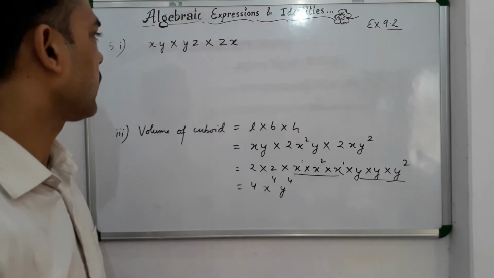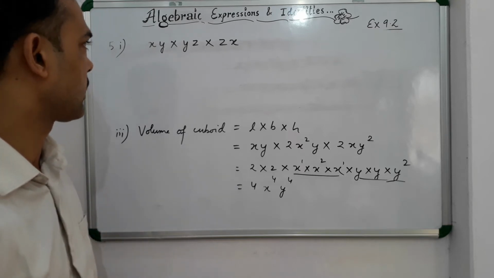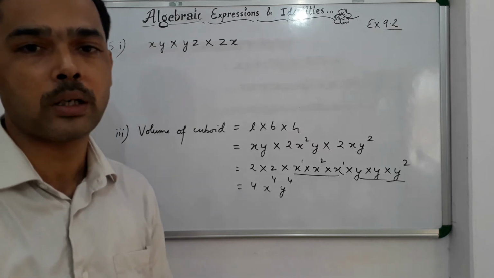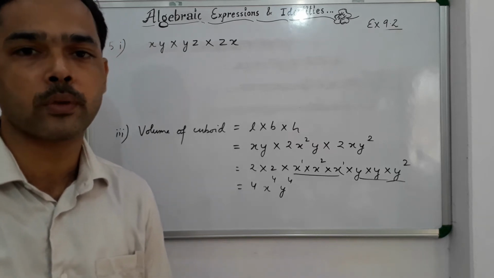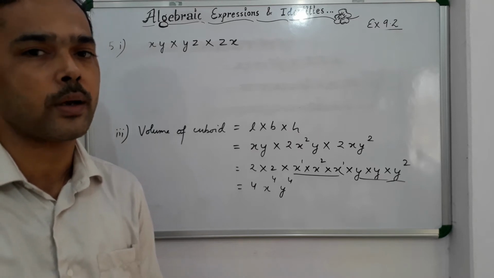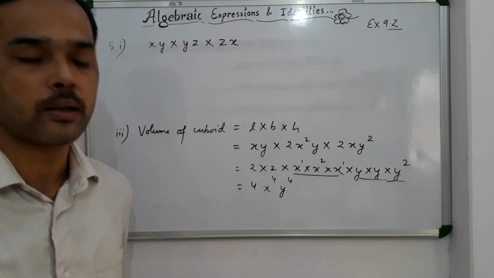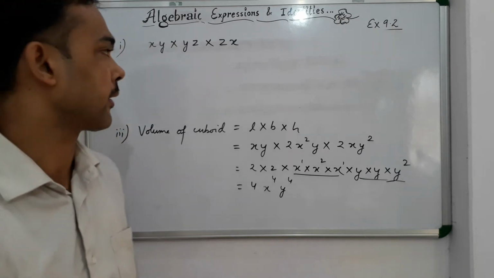Also I would request you that sometimes when you write x and when you put a multiplication sign, there is difficulty in distinguishing between these two. So try writing both in such a manner that one can easily differentiate between x and the multiplication sign.